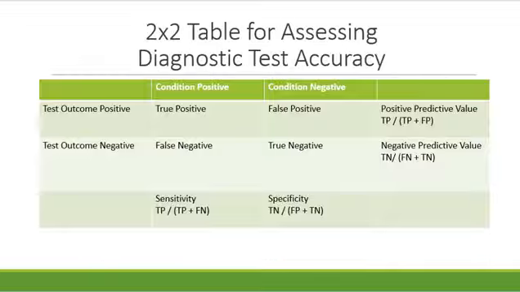So let's look at the stats. Here's the 2x2 table. You've probably seen this before for assessing diagnostic test accuracy. We've got one column for sensitivity, one for specificity and how to calculate it, and rows for positive and negative predictive values.